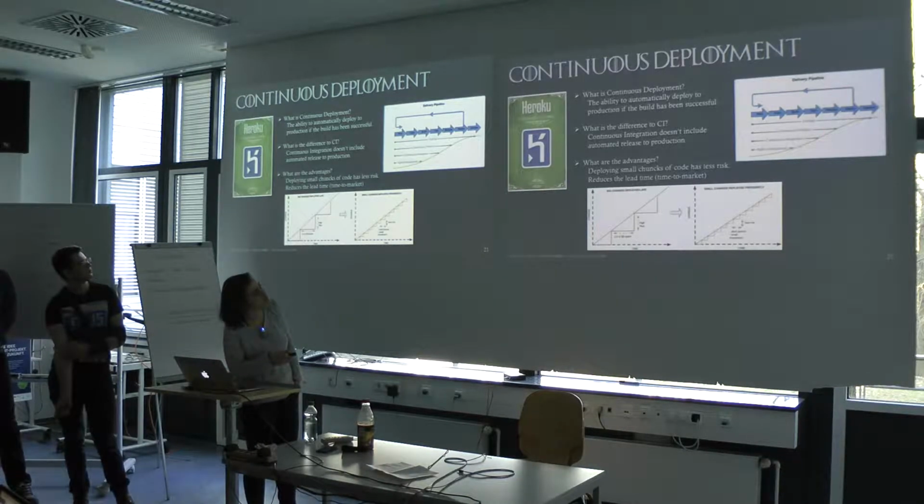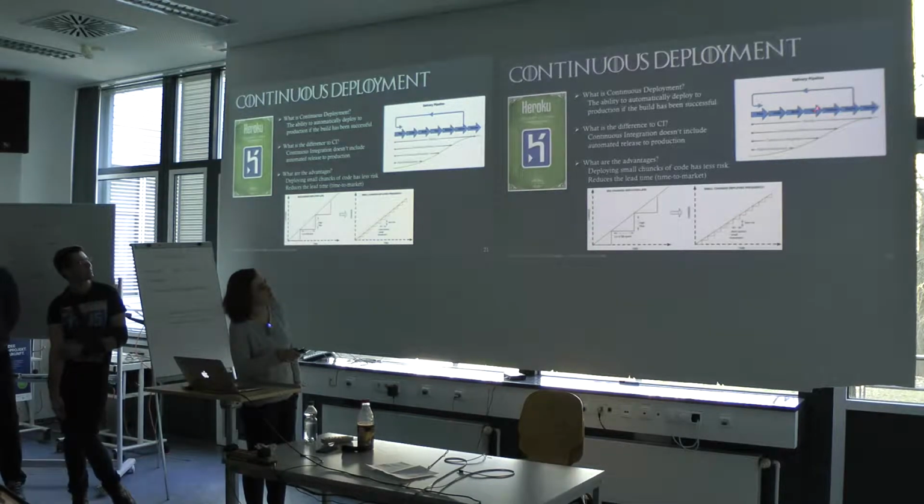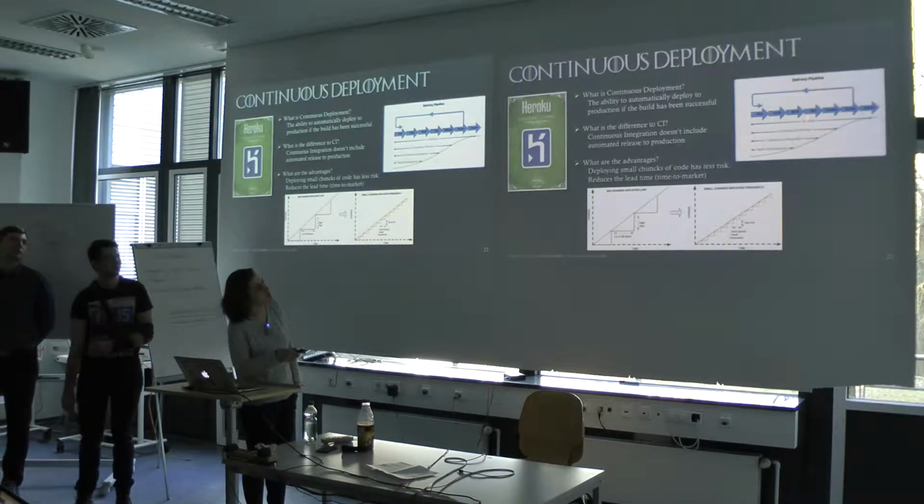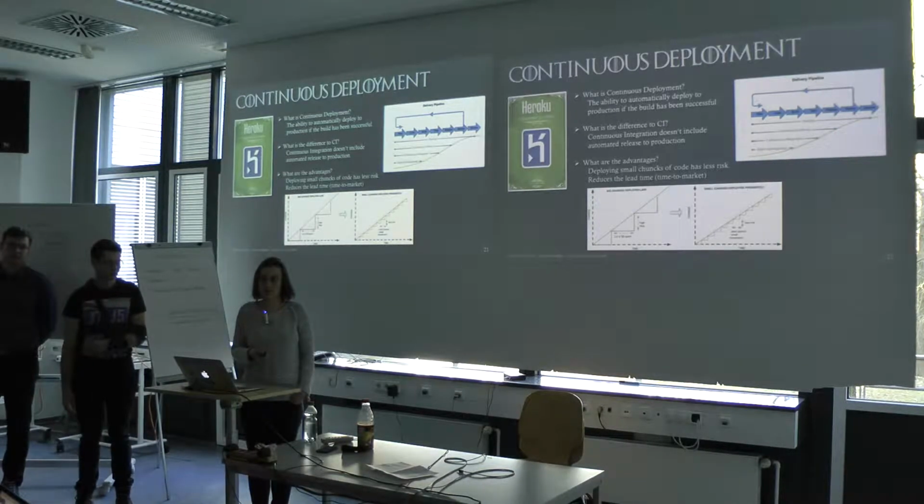I don't know if it's readable, but it's quite small. However, this is the test phase, and this is release. So continuous integration stops here, and continuous deployment stops here. That means continuous deployment is the possibility to deploy your code directly if your build was successful.